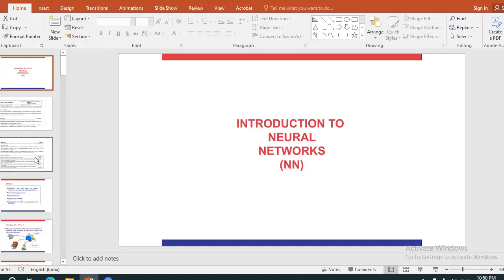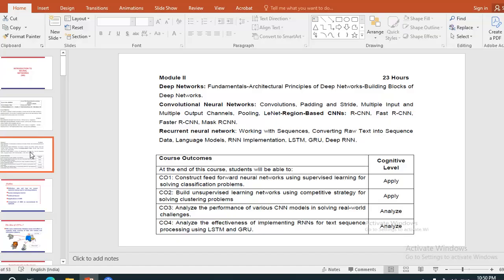So this is about neural networks and deep learning models. This is the outcome, and we have the textbook by Sivanandam as well as Deepa, available in the library. That book covers module 1 completely, and for the second module we have another book, Deep Learning with Python.